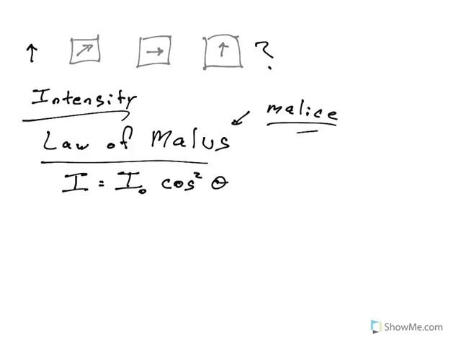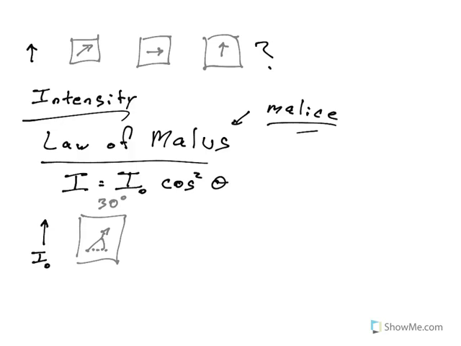So as an example, let's take a simple example. Say we have light and it's polarized up. And the initial intensity, we'll call it I naught. I'm going to send this light through a filter. And this filter is polarized, and the way I'm going to do the notation is like this.